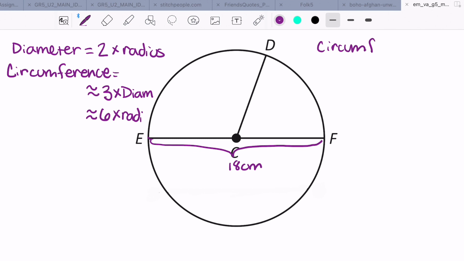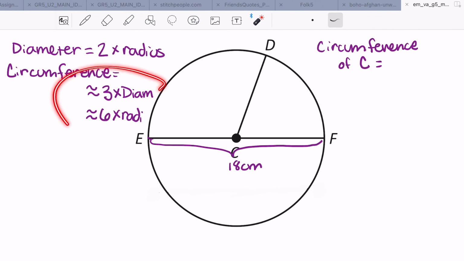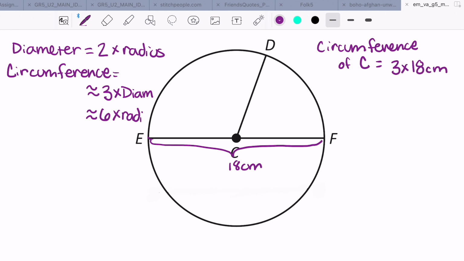Okay, next let's look at our circumference. To get the circumference, we want to take 3 copies of the diameter or 6 copies of the radius will fit around the perimeter of our circle. So for this one we're going to use the diameter, so we're going to find 3 times the diameter to come up with our circumference.